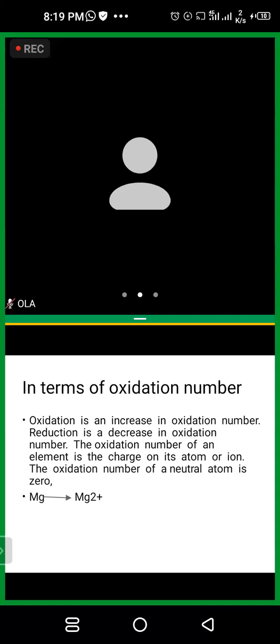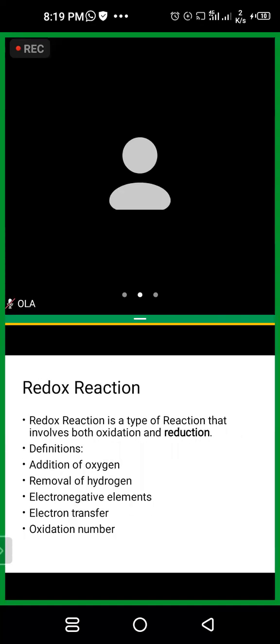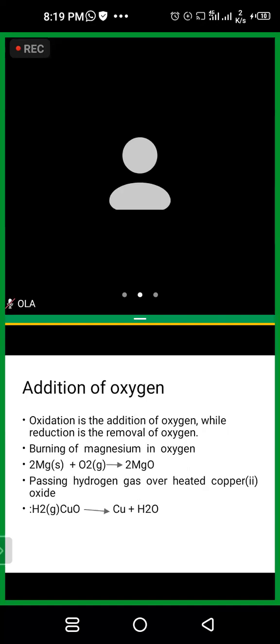Now, these are the 5 definitions of oxidation and reduction. Let me do a quick recap. The 5 are based on oxygen, hydrogen, electronegative elements, electron transfer, and oxidation number. For oxygen, where oxygen is added to a substance, that substance has been oxidized.